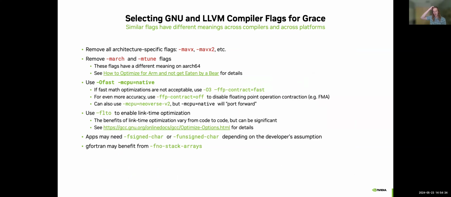Compiler flags. This is where things get interesting. So most of the work in porting a code from an x86 to an ARM, or even optimizing it for Grace, revolves around getting your compiler flags right.